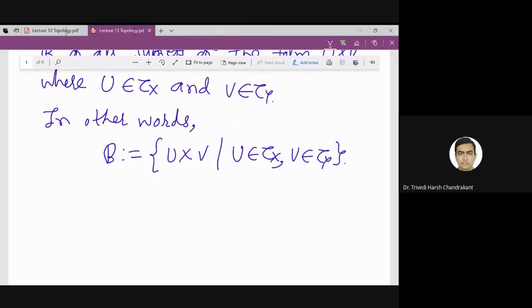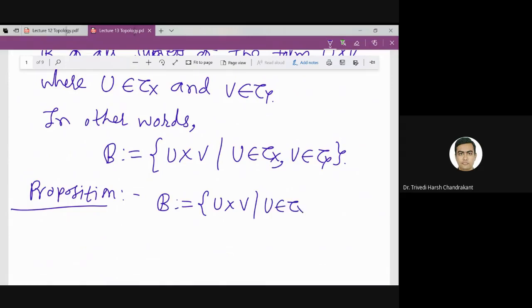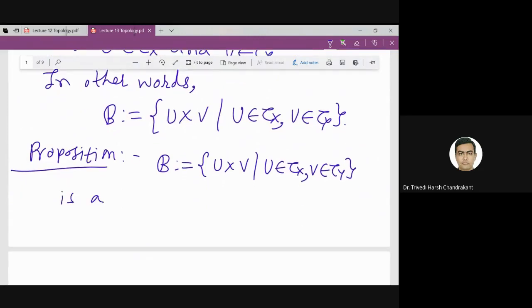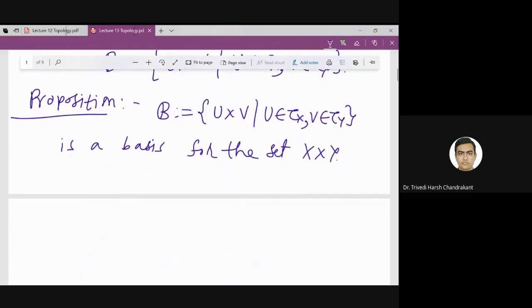So let us first state the proposition. B, defined to be U cross V such that U is in tau X and V is in tau Y, is a basis for the set X cross Y. What we need to check here: what are the properties of a basis?